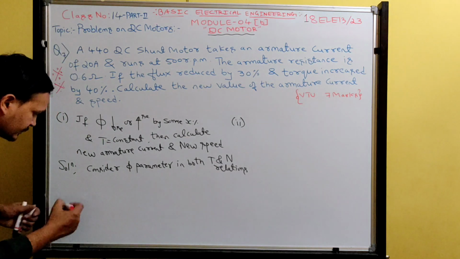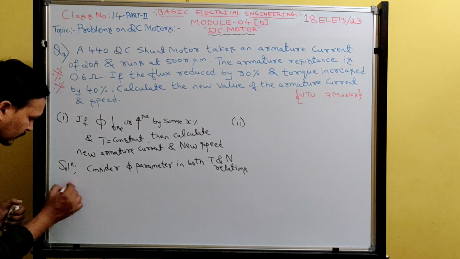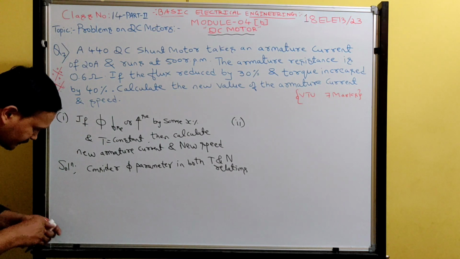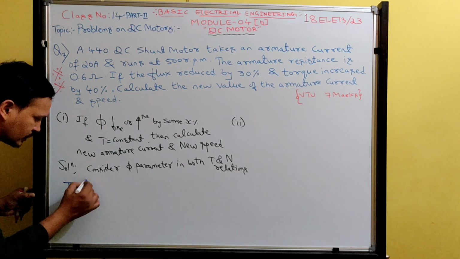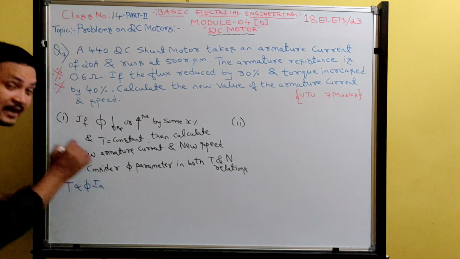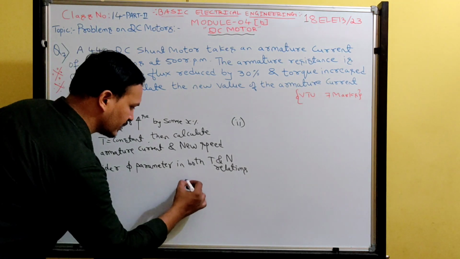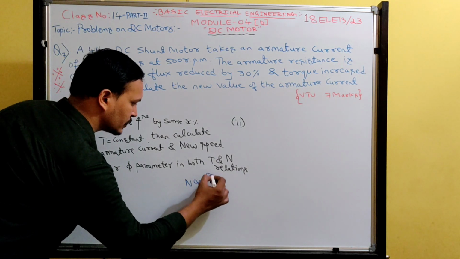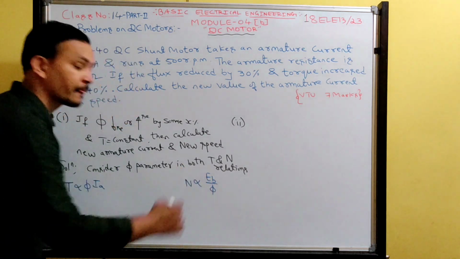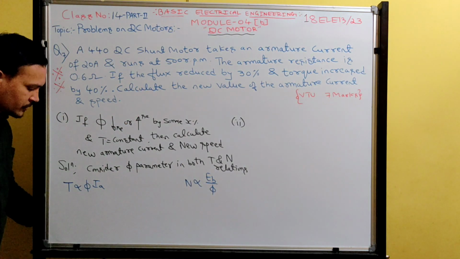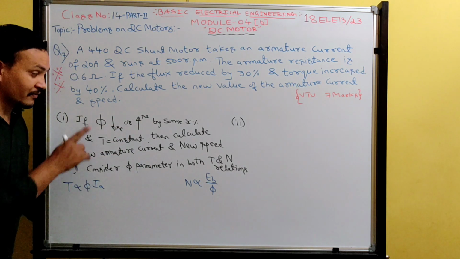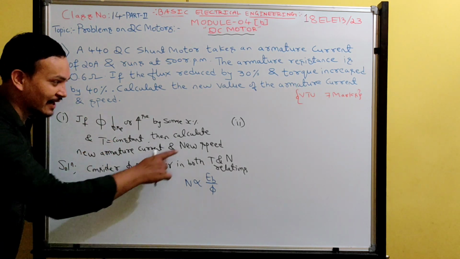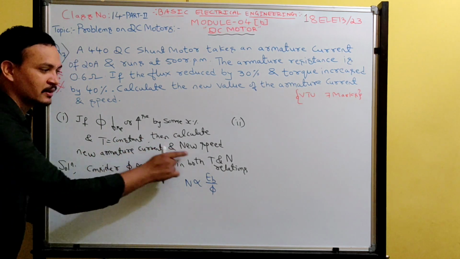What is the torque relation? Torque is proportional to phi Ia. And what is the speed relation? N is proportional to Eb by phi. So you have to consider this flux in both torque and speed relation for this type of question to calculate the new armature current and new speed.